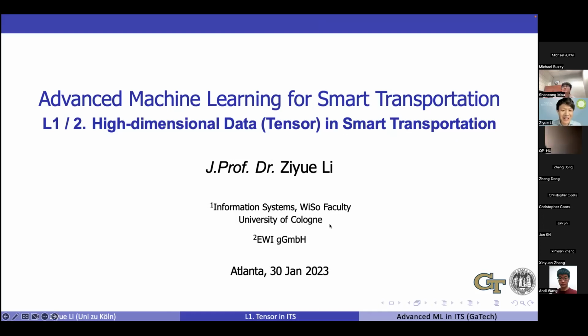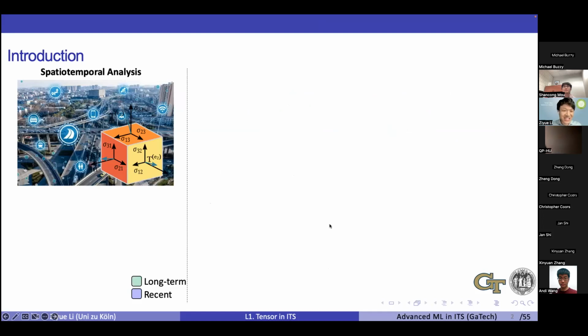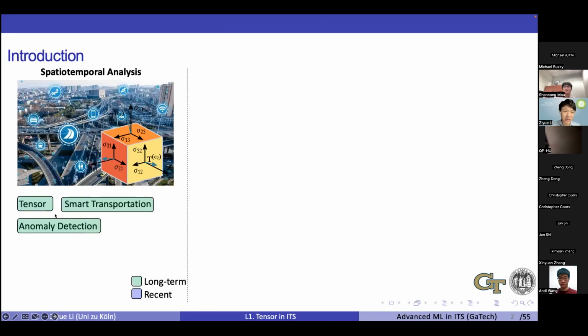Before I officially get started, I will introduce myself a little, both formally and informally. The research I focus on is spatial temporal analysis, which we apply a lot in smart transportation. I have long been doing research in tensors, smart transportation, and anomaly detection.